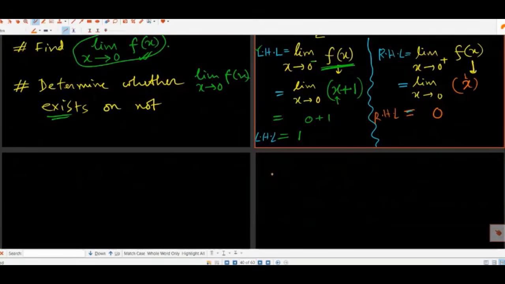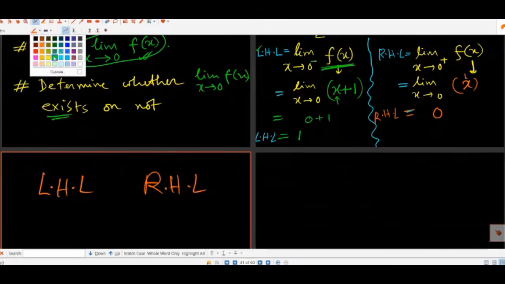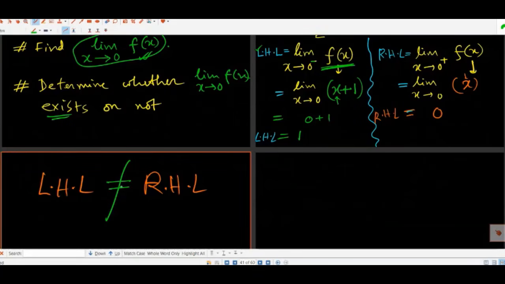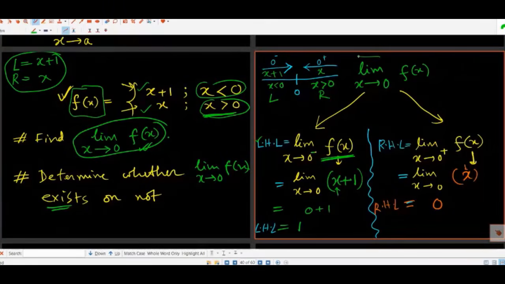Now tell me, are the left hand limit and right hand limit the same? Can we write they are equal? No, sir. So this is not equal. That means the left hand limit and right hand limit combined, this one is not existing.